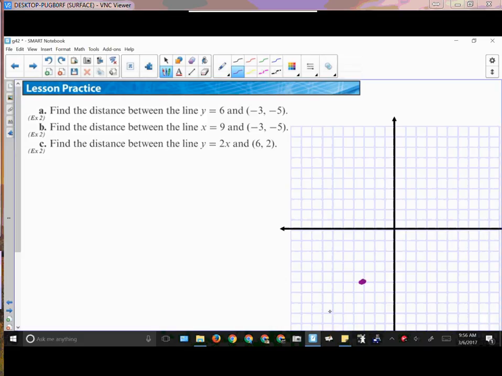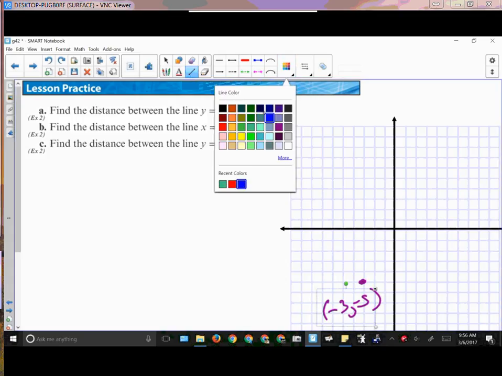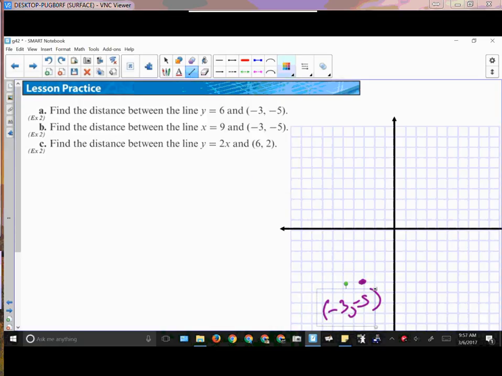We're at -3, comma, -5. So far, so good? So the first line that we've got here is supposed to be at y is equal to 6. Well, the y-axis is here. 1, 2, 3, 4, 5, 6.